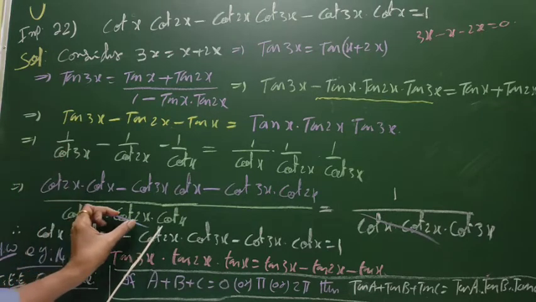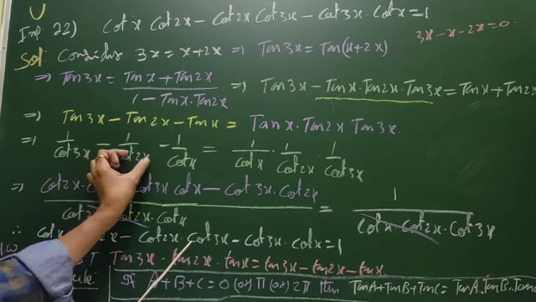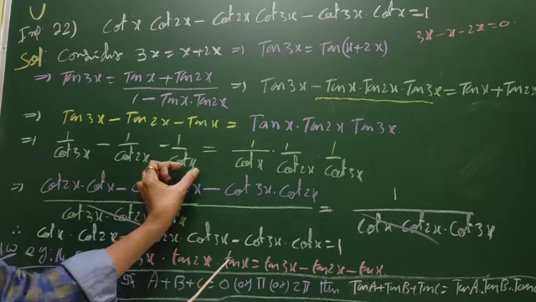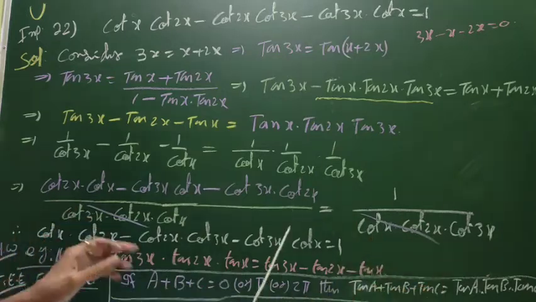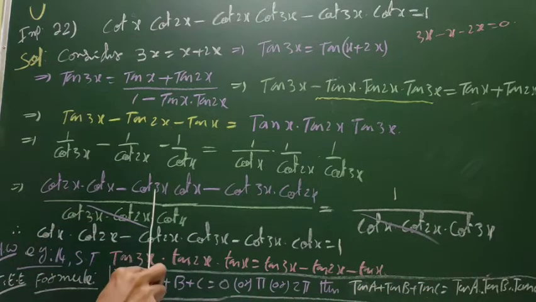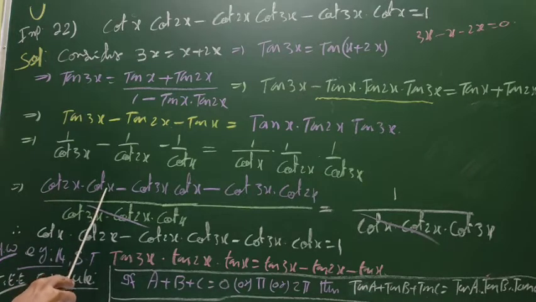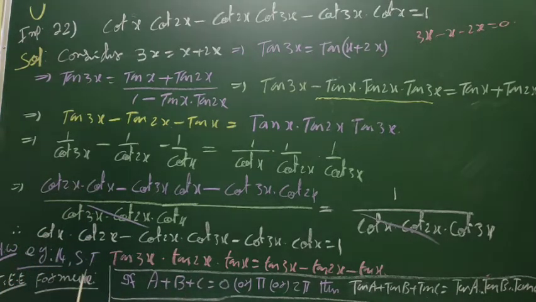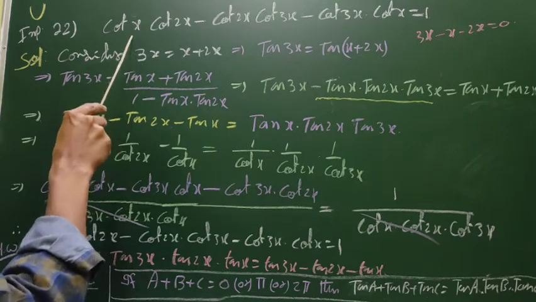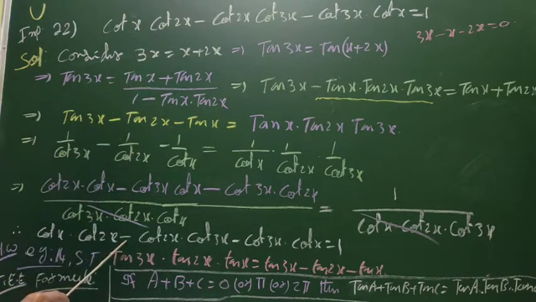Cot 3x is there, so cot 2x and cot x came. Cot 2x is there, so cot 3x and cot x came. Cot x is there, so the remaining two came. Now the denominator cancels, numerator is equal to numerator. Here I am writing cot x cot 2x. I change it because it is a product. Why change? Because the question is in terms of x, that's why I change it. Finally this is equal to 1.